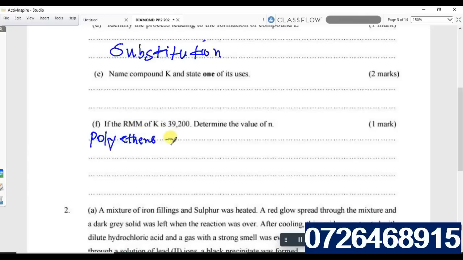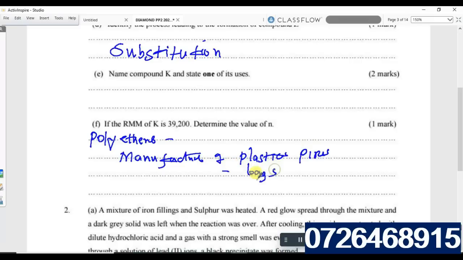It is used in the manufacture of plastics, pipes, paper bags, plastic bags, insulators, and many other uses.